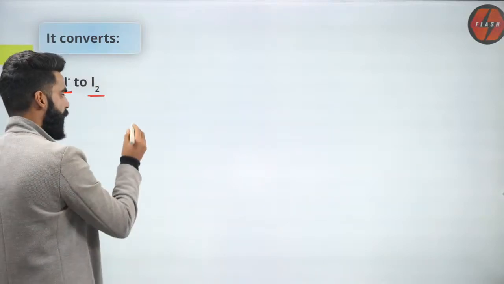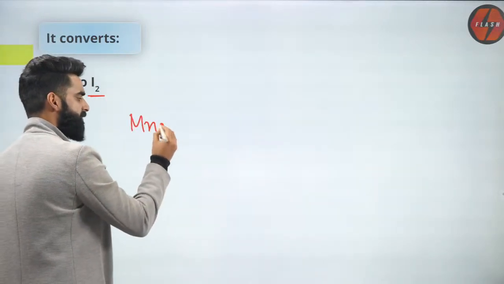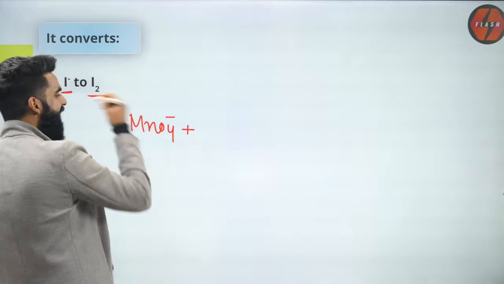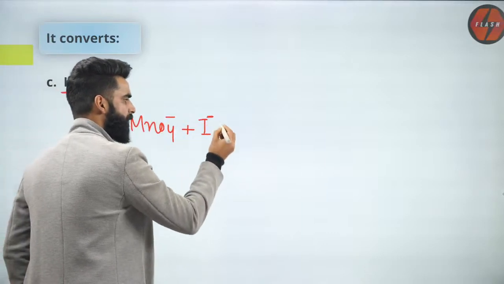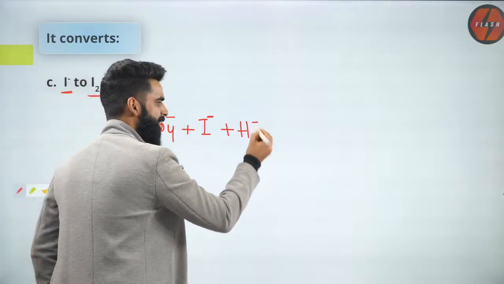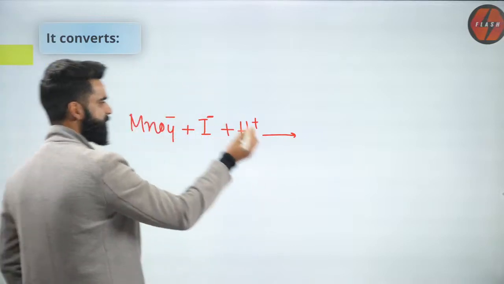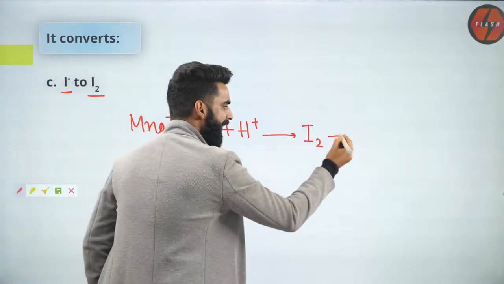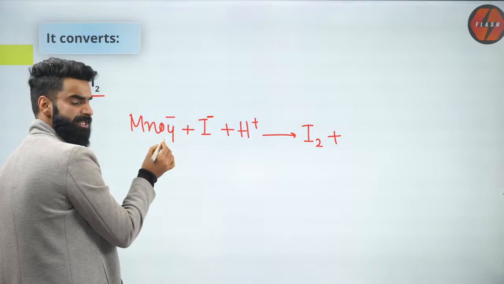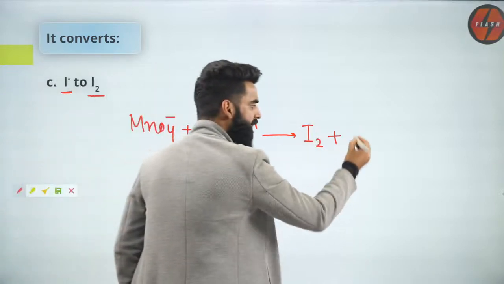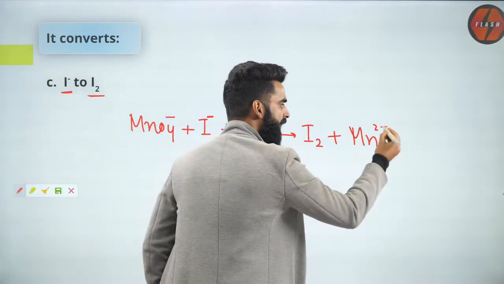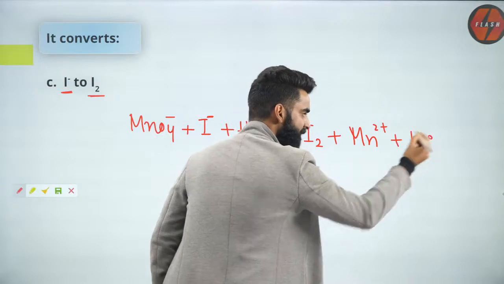In acidic medium, this MnO4 negative gets converted to Mn2+, and with this I'm writing water as well.